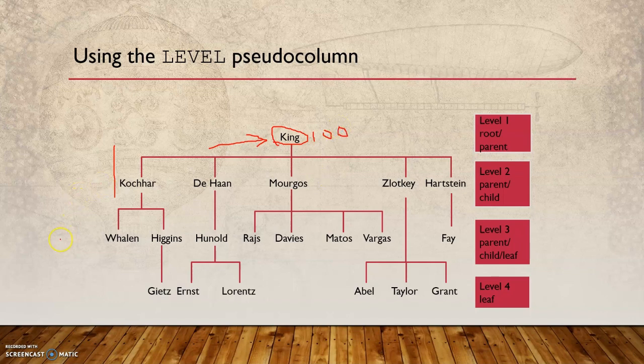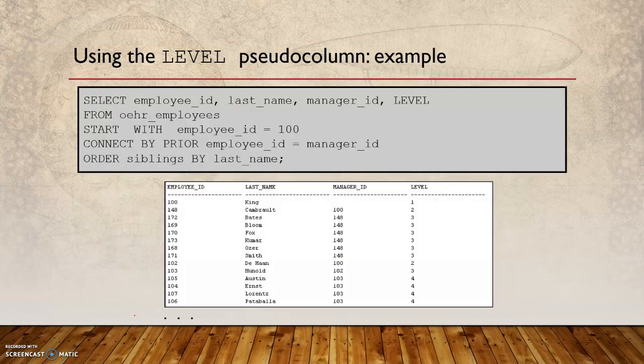Then you have level 3, and finally level 4 employees. There is a pseudo column called LEVEL, and you can use it along with these hierarchical conditions for retrieval.